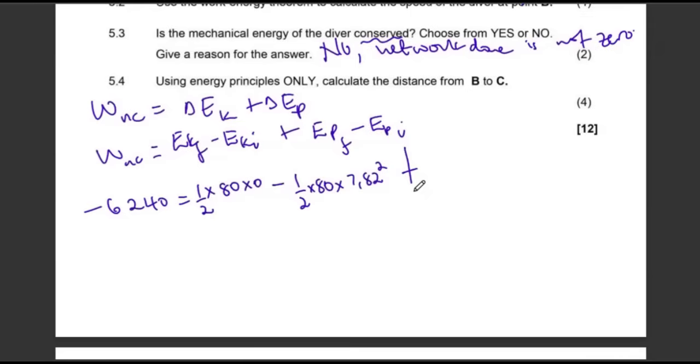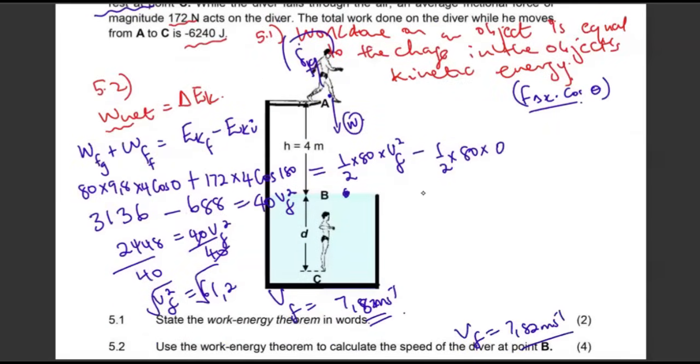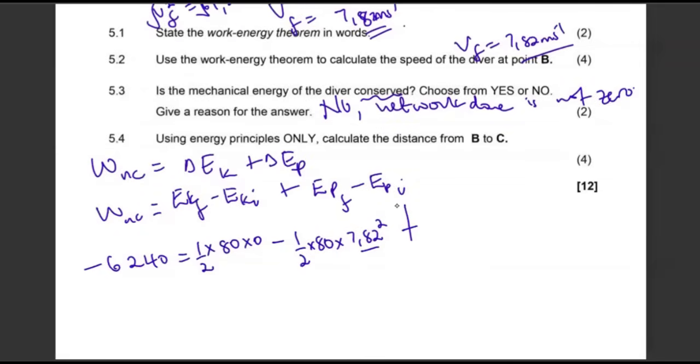We cannot use the 7.8 because the 7.8 only represents the velocity at this point. At B, he has velocity initially and finally. If I'm taking it from the initial position, then that will be a 0 initially. If I'm taking it from B, then this can be a 7.8 squared.